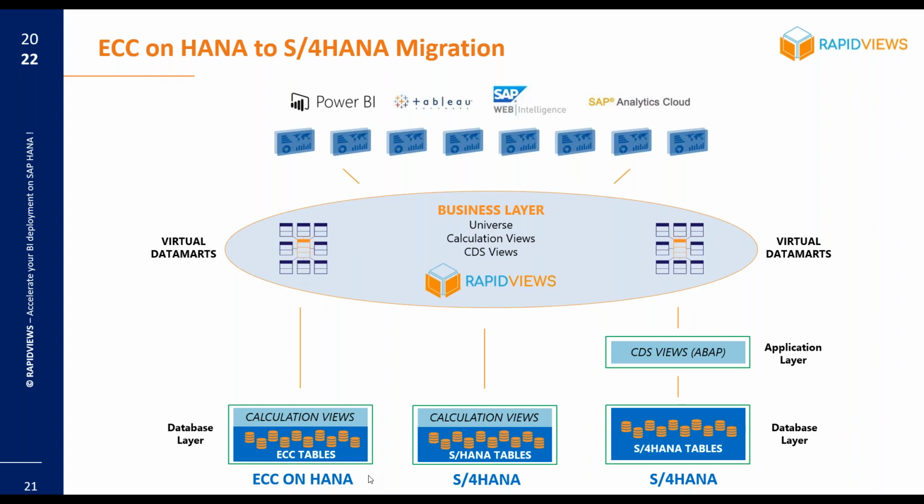It's possible because we have already defined all the specifications, and so it's just a matter of days, actually. Yes, and because the technologies are compatible, we can migrate all objects realized in ECC on HANA or in the BI reporting tool directly on the S4HANA system.